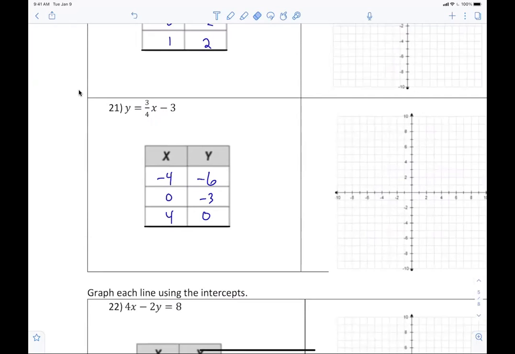Just plot those 3 points and draw the line. If for some reason the 3 points don't line up, you just made a mistake plugging in. That's why you should double check with the table on the calculator. And you can see your mistake.